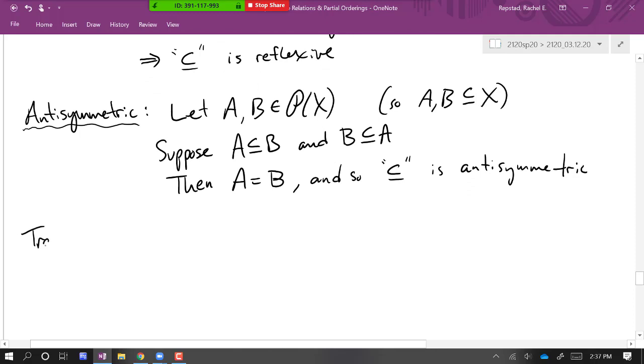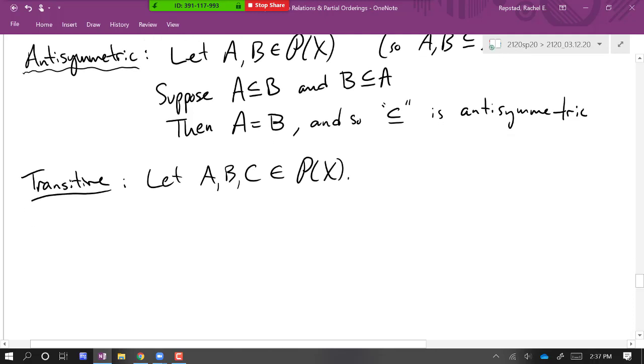And the last property, we're going to show that it's transitive. We need three elements, so we're going to let A, B, and C be elements of the power set of X. So again, A, B, and C are all subsets of X. What should we start out supposing to show that this is transitive?